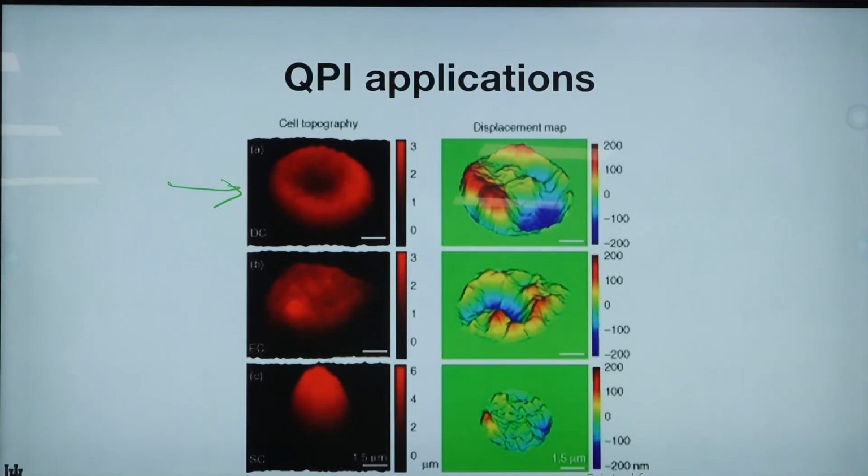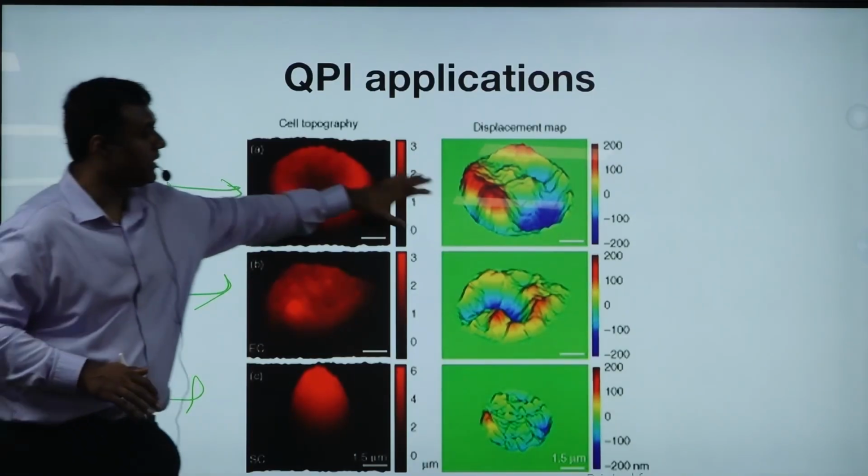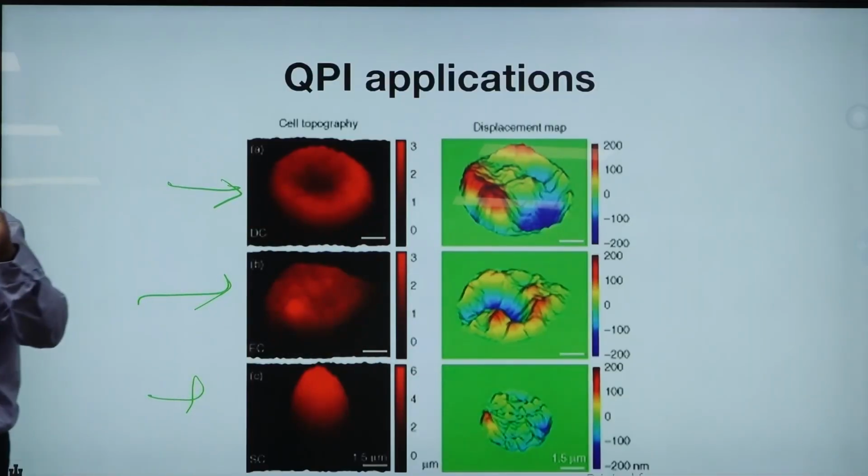If you can measure these properties, and that's actually what this is, a paper from PNAS from a few years ago. So basically you can get these kinds of profiles for different types of blood cells, and the profile tells you something about the disease state, in the case of malaria, for example.